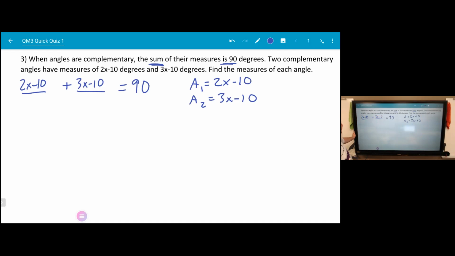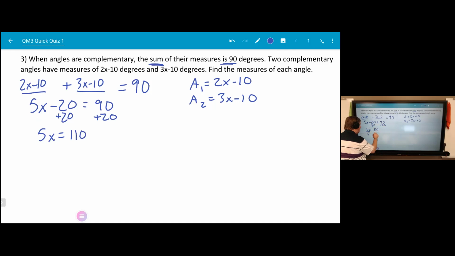Combine like terms. 2x and 3x is 5x, minus 20, because negative 10 and negative 10 are negative 20, equals 90. Now I solve. I'm going to add 20 to both sides of the equal sign. 5x is 110. Divide both by 5, and x equals 22.